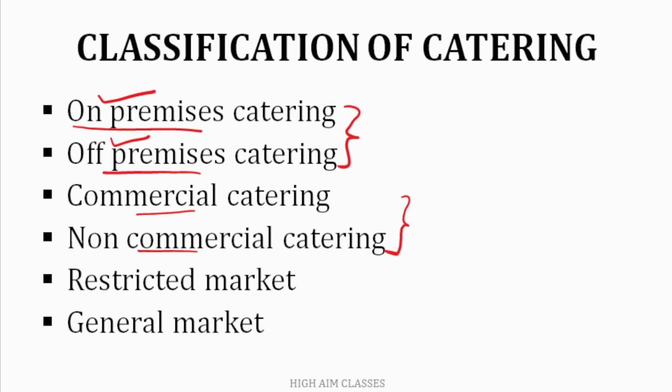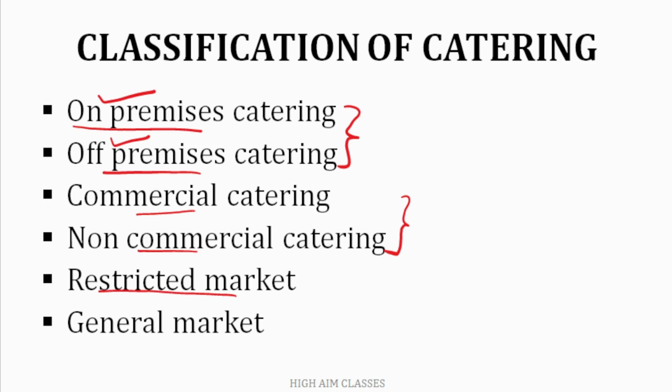Then we have the restricted market. Restricted market is a place where not everybody is allowed, like clubs with membership, and if you want to have food in an airline, you need to get a ticket of the airline. So this is only restricted to the passengers of the airline.